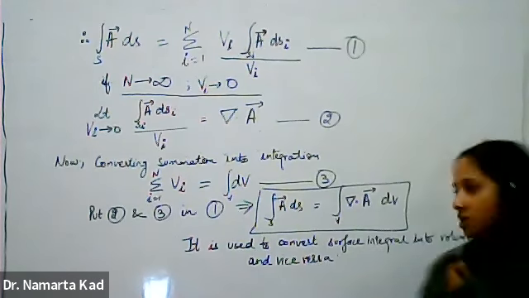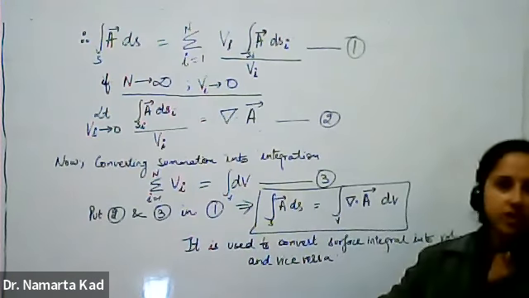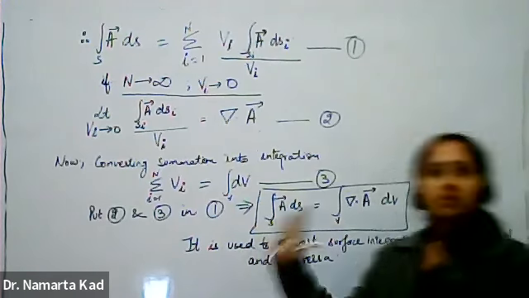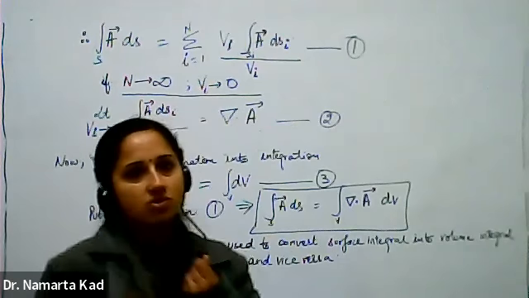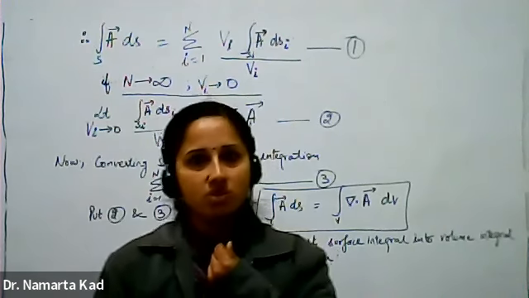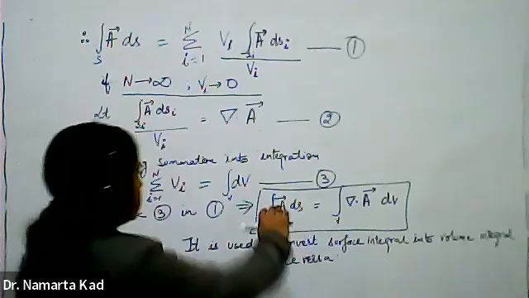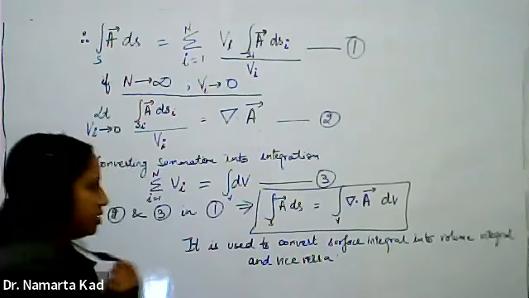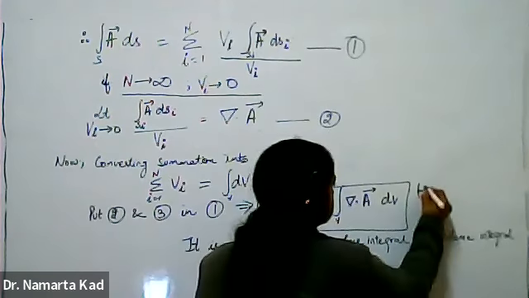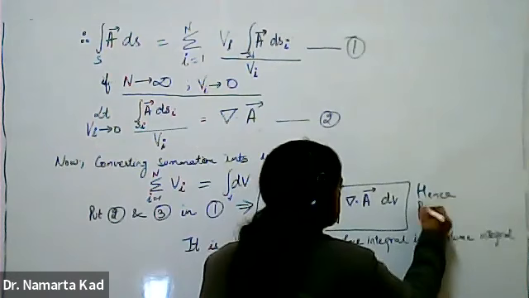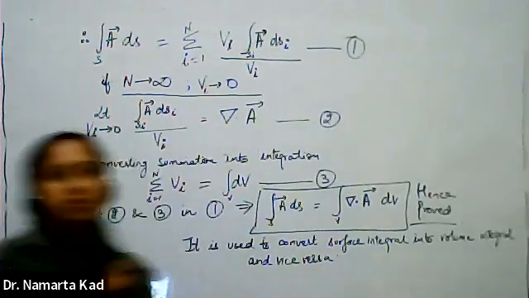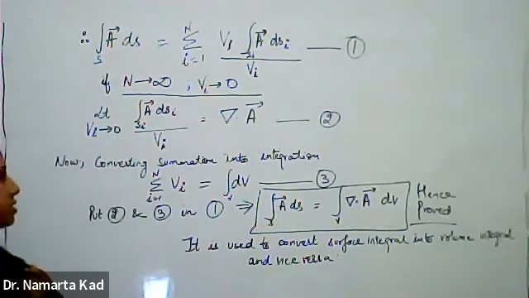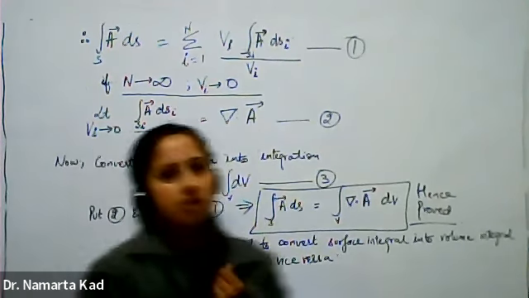That means the volume integral can be converted into the surface integral, or the surface integral can be converted into the volume integral. So this is the usage of the Gauss Divergence Theorem. And this is the final result that we have proved. Hence proved. Okay, so this is finally the Gauss Divergence Theorem.